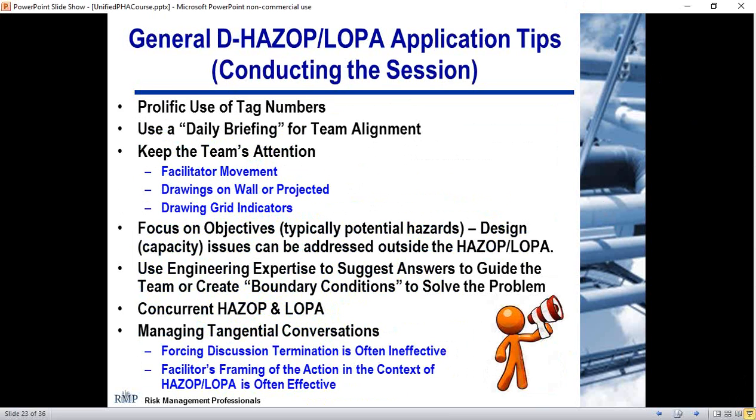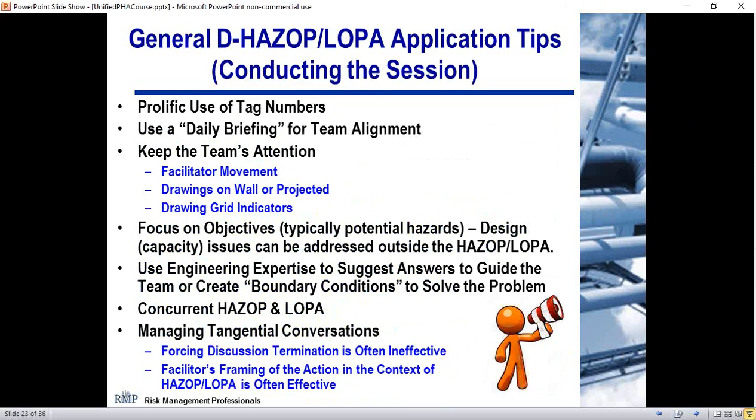Also, for conducting the session, use tag numbers prolifically. If you've looked at our auditing modules and quality modules, we've emphasized that a lot. That also makes sense during sessions. I don't know how many times as a facilitator I'm listening to a conversation, and because I prepared properly, I hear one side of the table talking to the other side of the table, and they're talking about different things.